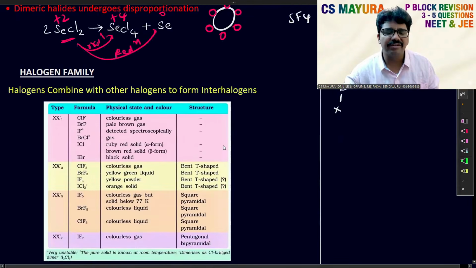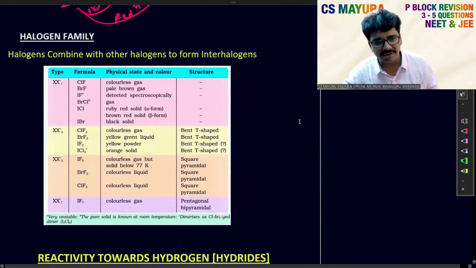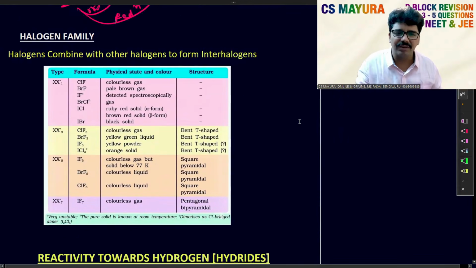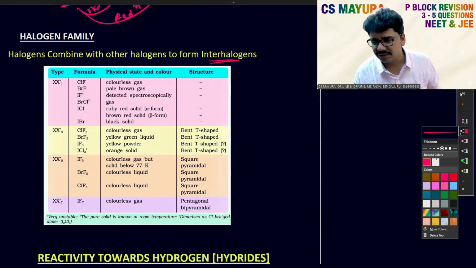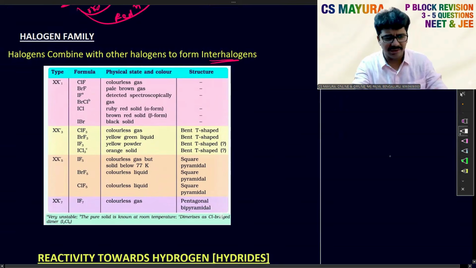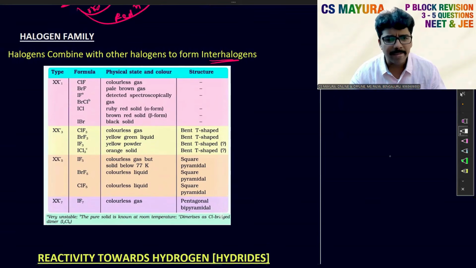Now coming to the halogen family, chemical reactivity towards halogens. Halogens with halogens are called interhalogens. Here you can see a table on the screen, but this complete data is not required.